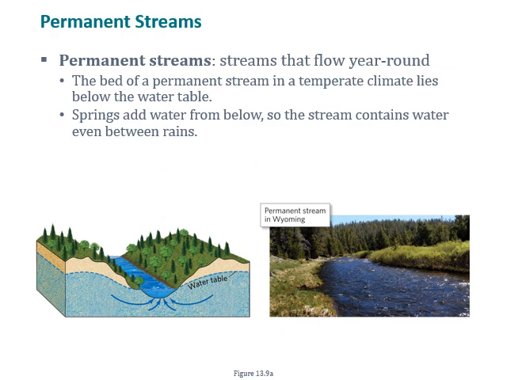Permanent streams are streams that flow year-round. Many Florida streams are permanent streams. The bed of a permanent stream in a temperate climate lies below the water table, where the water table is actively contributing water to the flow of the stream. The water table is just the height of groundwater beneath the surface.